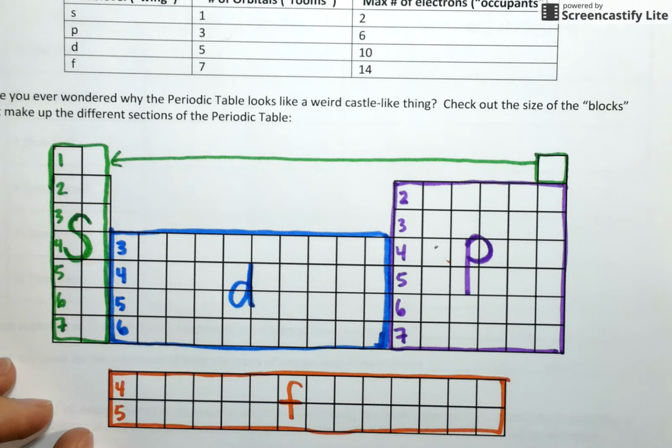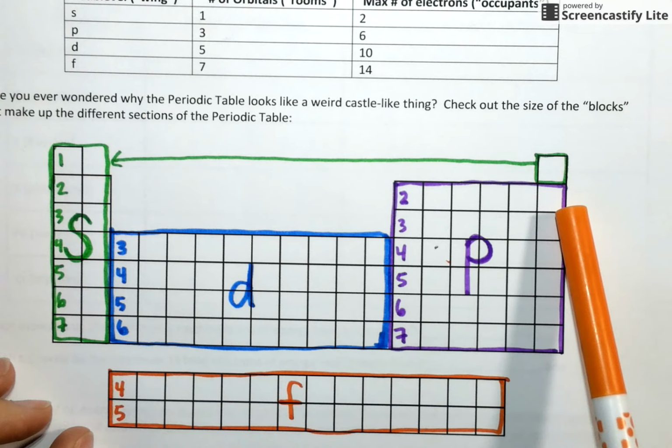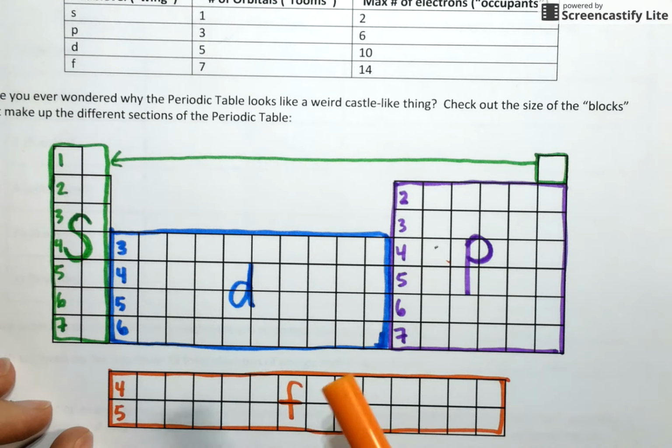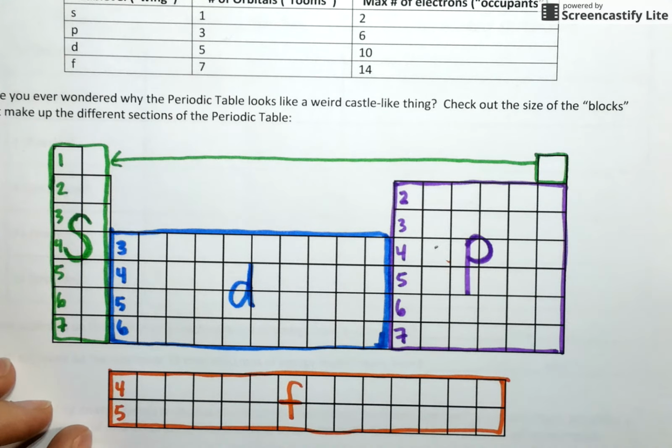So again, that difference is that Bohr is just going to tell us total number of electrons in an energy level. Schrödinger is going to tell us exactly where those electrons are within an energy level, whether they're in S, P's, or D's sublevels. We're really not going to deal with F sublevel stuff at all. Those numbers are just too big and too hectic.